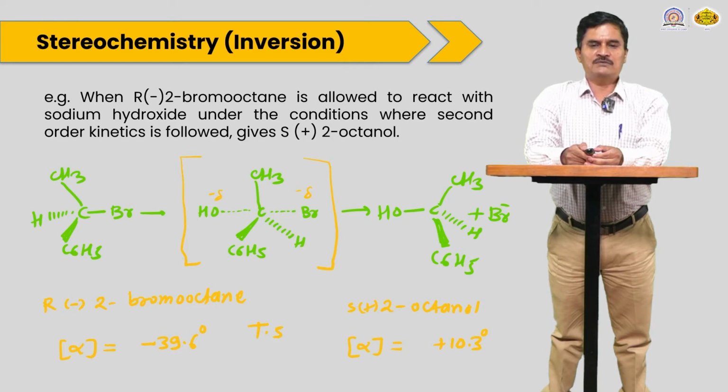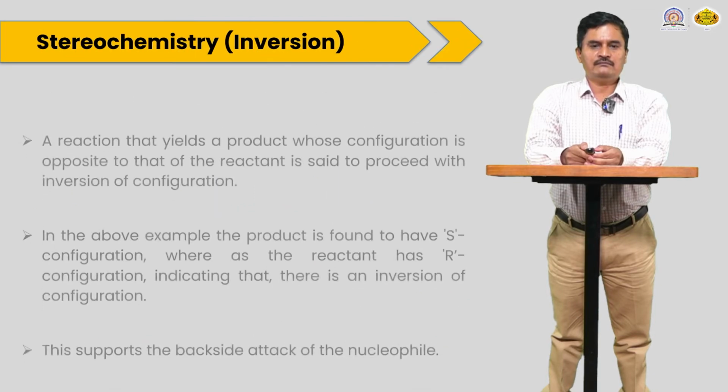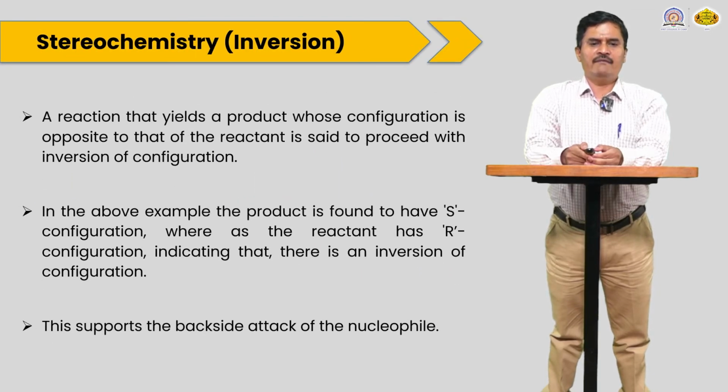If the starting compound is minus and the product is plus, means the starting compound is levorotatory and the product is dextrorotatory, that indicates there is an inversion of configuration. A reaction that yields a product whose configuration is opposite indicates the inversion of configuration.